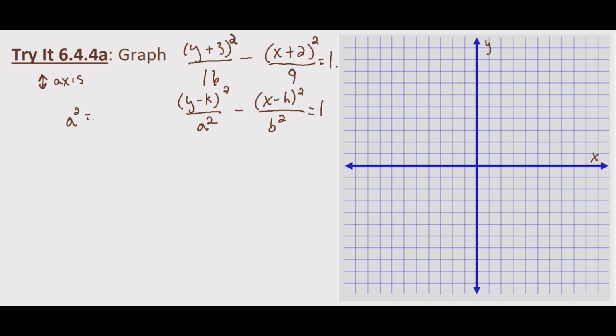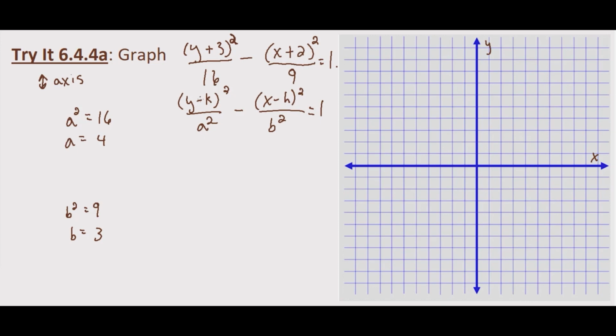So a² equals 16, meaning a equals 4. And b² equals 9, meaning b equals 3.